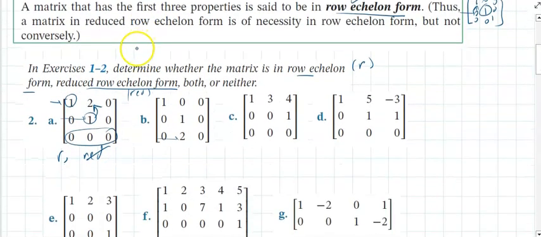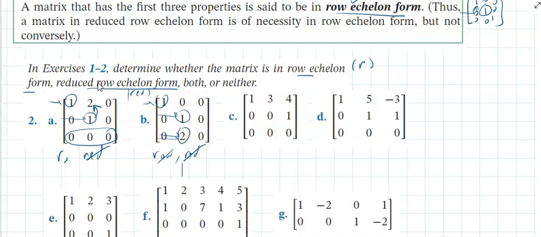So this is in row echelon form, but it is not in reduced row echelon form. B, if I look at B, I notice that that's a 1, that's a 1, that's not even a 1, that's a 2. Automatically, this is not in row echelon form, and it's not in reduced row echelon form either. To be in reduced row echelon form, it must be in row echelon form first.